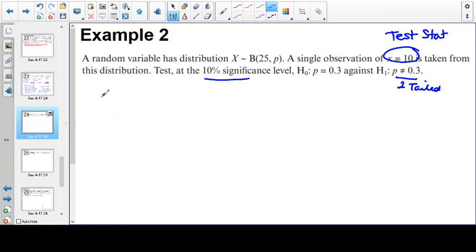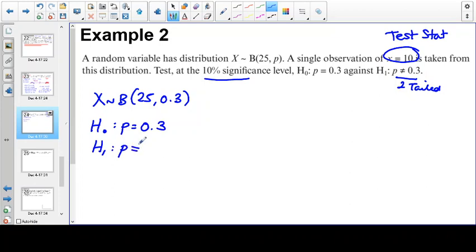Okay, so X is distributed B(25, 0.3). H0: p is 0.3. H1: p is not 0.3. 10% significance level, two-tailed.